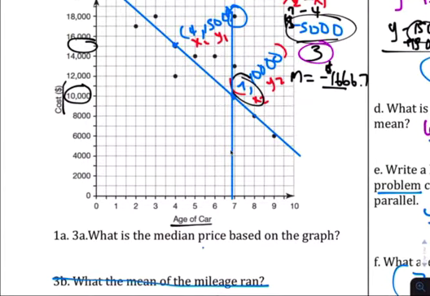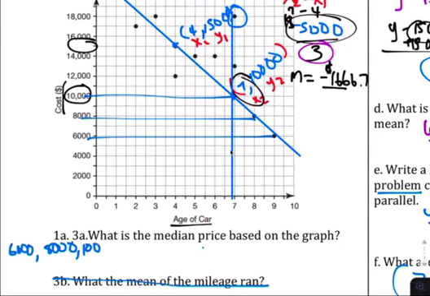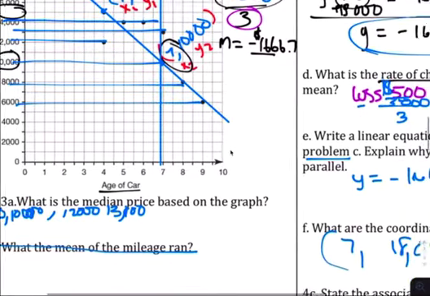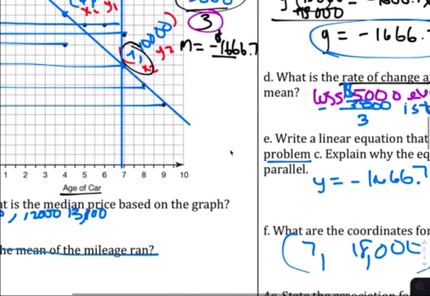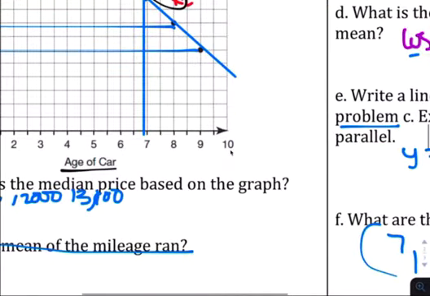For the price. 6,000. 8,000. 10,000. 12,000. 13,000. 15,000, there's two of them.